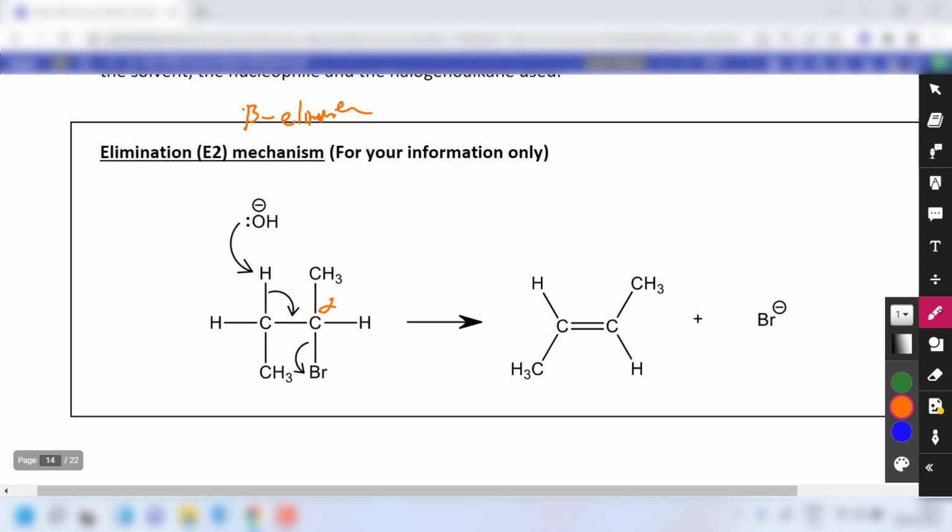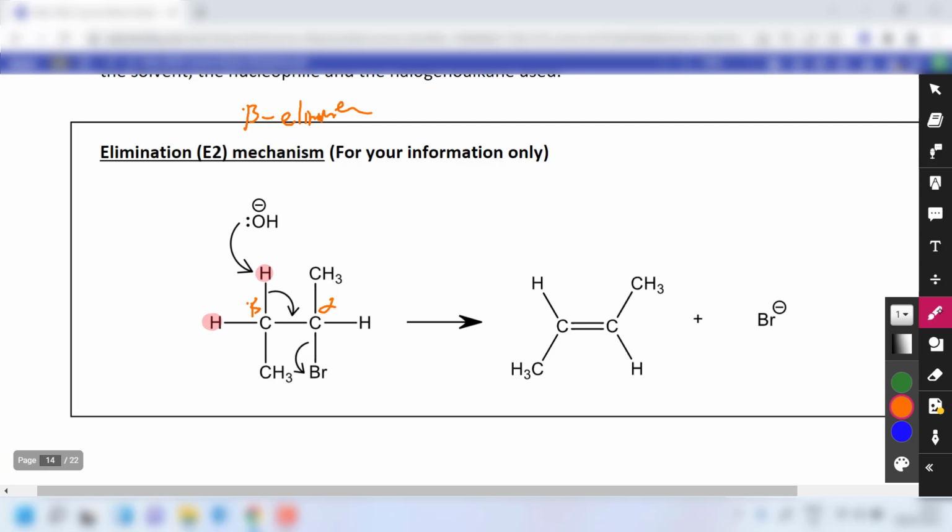Next to the alpha carbon we have the beta carbon, and this particular beta carbon contains 2 beta hydrogens which can potentially be eliminated from the system. In the course of elimination, the Br is expelled and it leads to the formation of the C=C double bond. So for elimination, it's better known as beta elimination for the one in your syllabus.